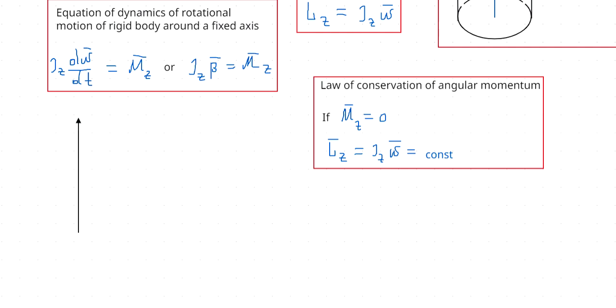This fixed axis, z. Here we have a radius vector r, and let's imagine that we have rotation.